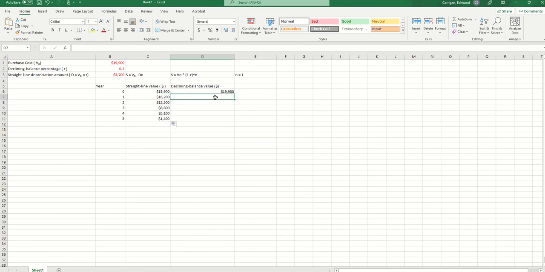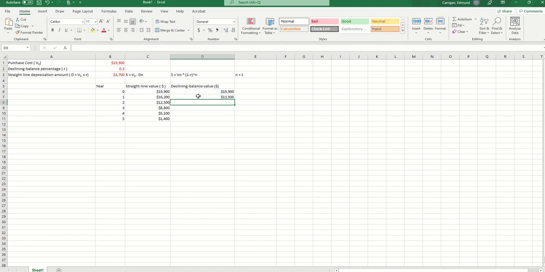If I come over here, I want to put that formula in, equals V naught. V naught is this one here, times, so shift and the 8, that symbol there, put my bracket in, 1 minus R. Now R is over here. Click on that, close my bracket, enter.